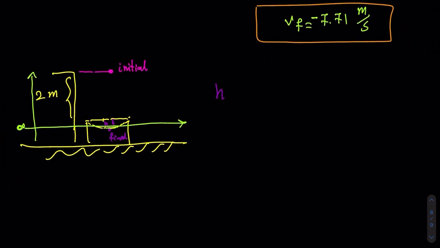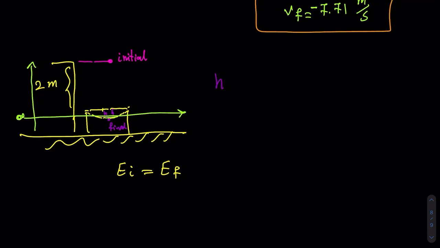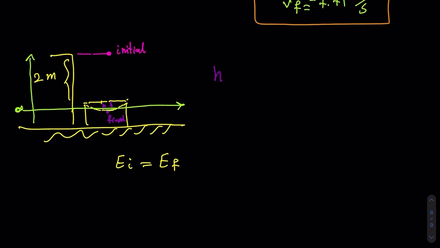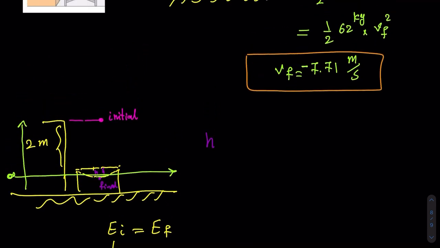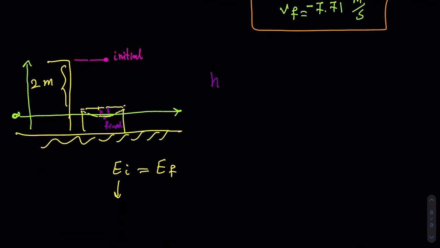Again, I will say energy is conserved. It means the sum of all types of energy at the beginning must be equal to that at the last position. So at the initial position it has a half m v initial squared plus potential energy, and potential energy here is mgh.